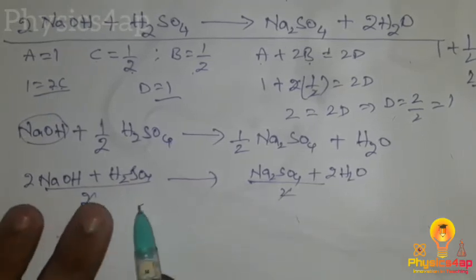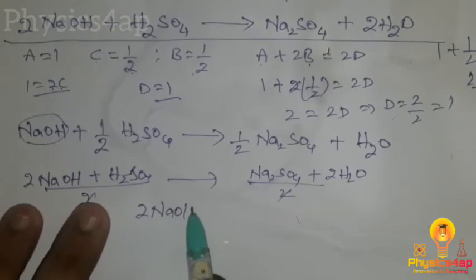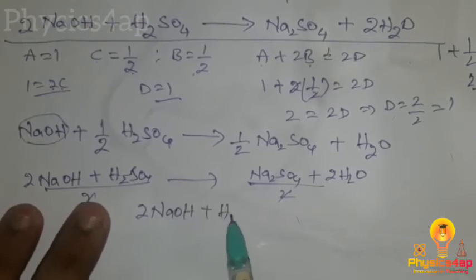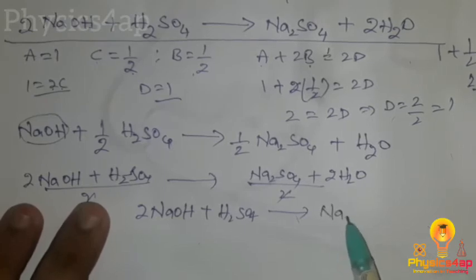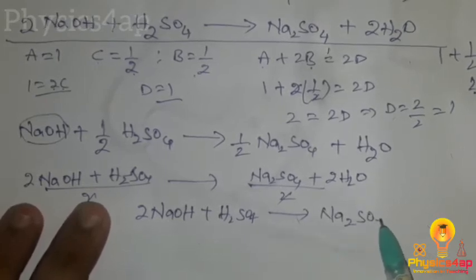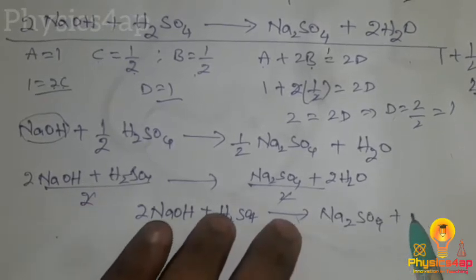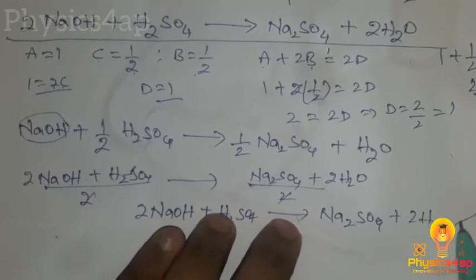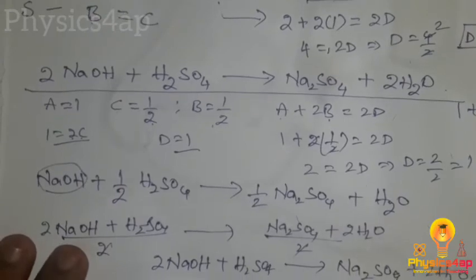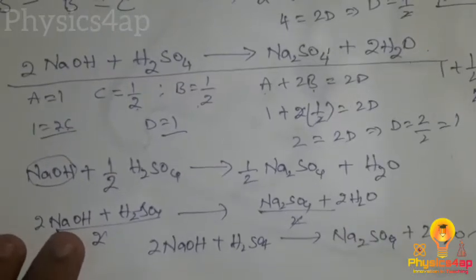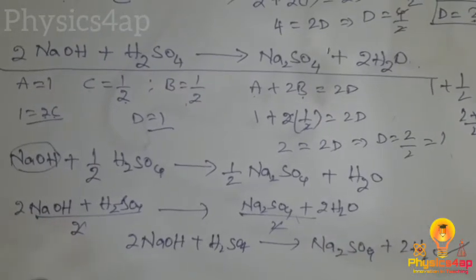Now when you write the overall equation, 2NaOH plus H2SO4 gives rise to Na2SO4 plus 2H2O. So this is the same equation which we got before. If you see, both are the same.